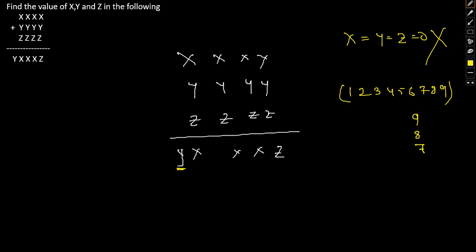To get an 8 carry would be very difficult, so we cannot have an 8 carry in any given way, so the numbers will have to be the minimum possible. If you simply say 9 plus 8 plus 7, the maximum will be 17 plus 7, 24. So x can be either 1 or 2, because the maximum carry we can have is 2.